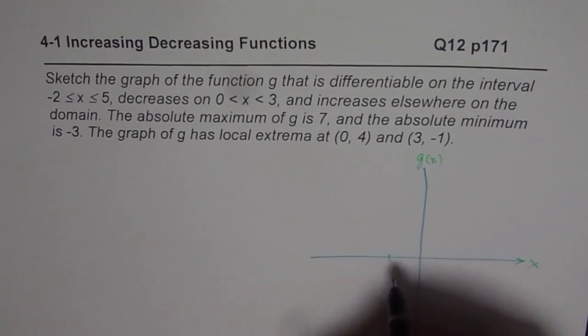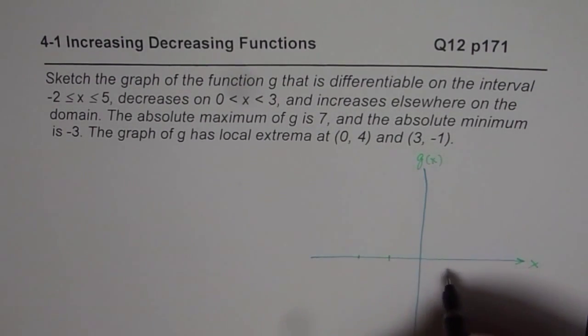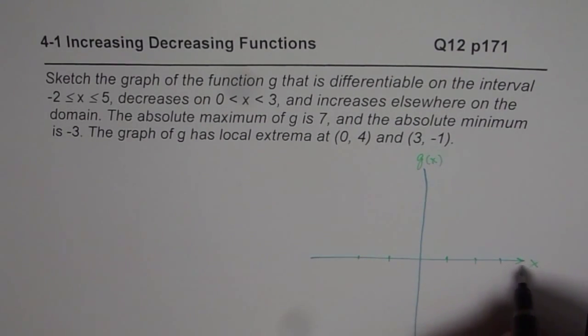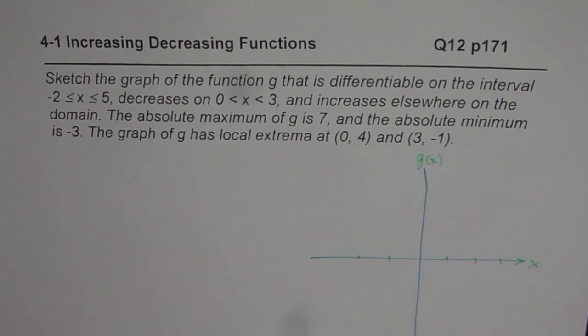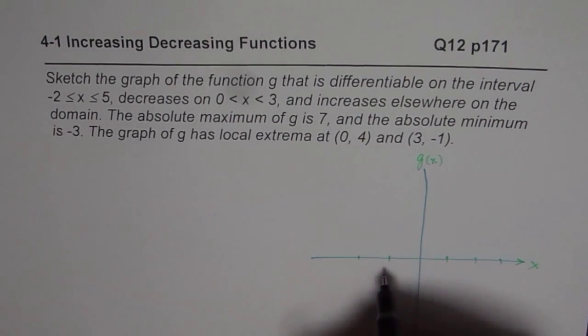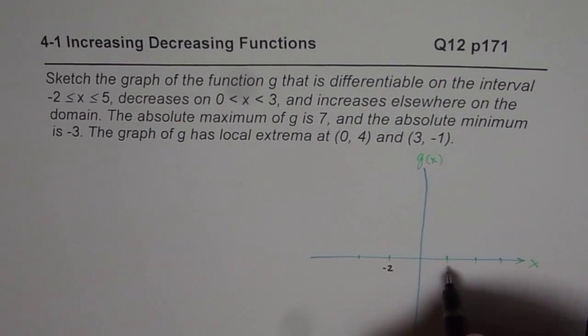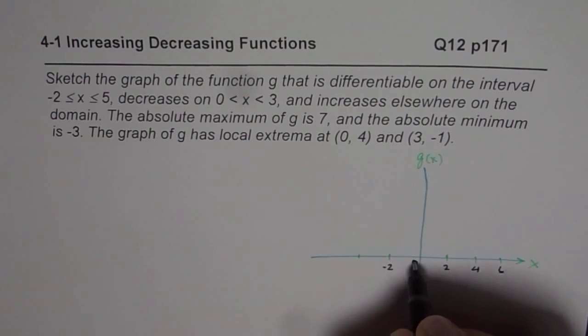So let us say this is 1 and this is 2. Then we have 1, 2, 3. So let us say this is 2. Then we have 2, 4, and 6. I'll take this as -2 for me. So this is 2, 4, 6. Okay, let that be the scale.